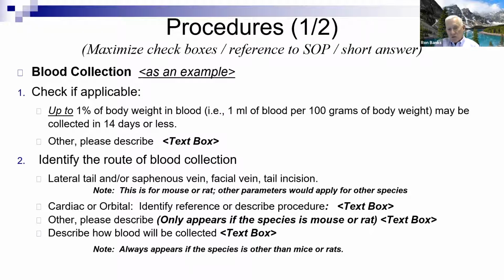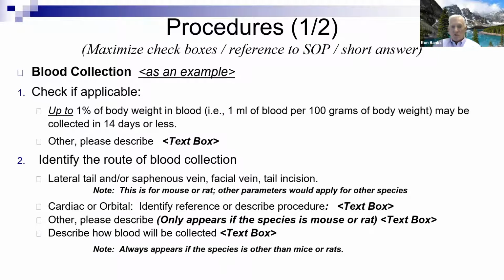A universal protocol template could have a statement in it such as, check here if you're going to use up to 1% of the body weight of the animal, which would be defined as 1 ml of blood per 100 grams of body weight, over a 14-day period or less. And that would be sufficient in this context for approval. It addresses the animal's need for survivability, sustainability, and it allows some flexibility in the researcher's process as well.